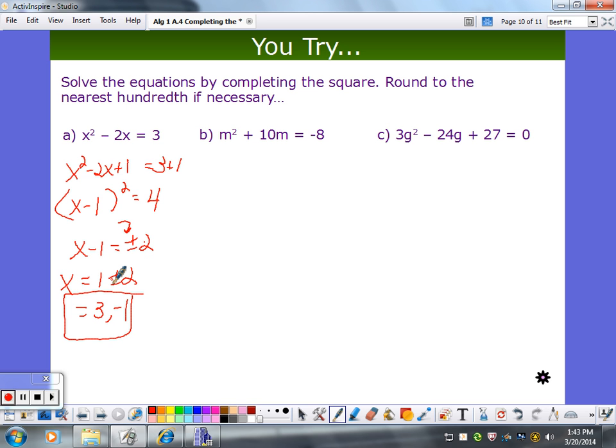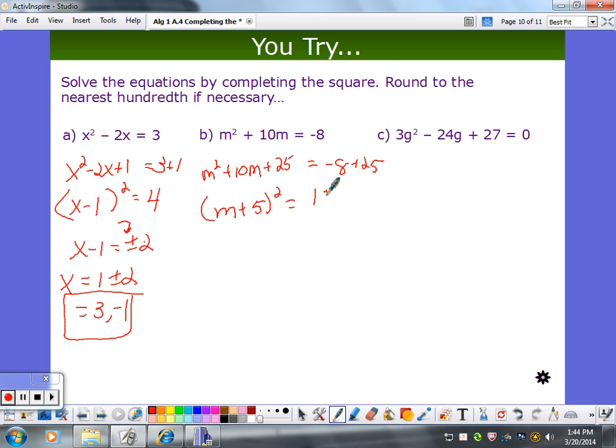That was good. All right, now let's see. This guy. So, I gotta complete the square. m squared plus 10m equals negative 8. What am I gonna put here? 25. Half of 10 squared, both sides, right? This becomes m plus 5 squared. What's negative 8 plus 25?